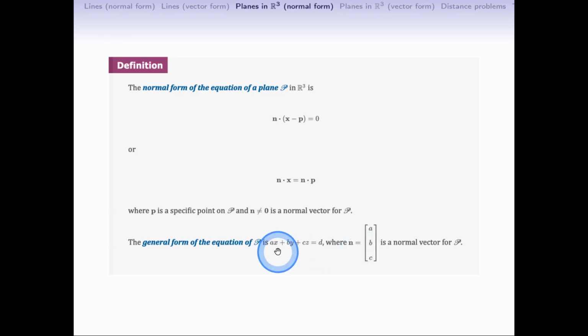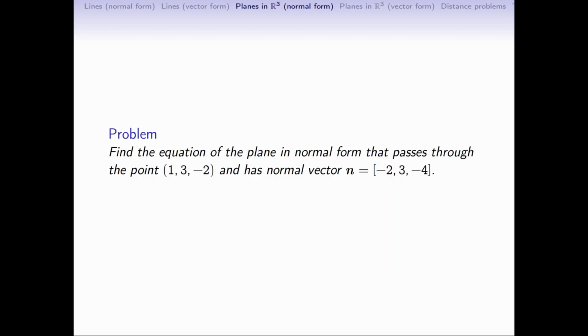So given the normal form, we can generate the general form, and given the general form, we can abstract the normal form. Now, what I want to do is look at some problems here where we play with this normal form for the equation of a plane.